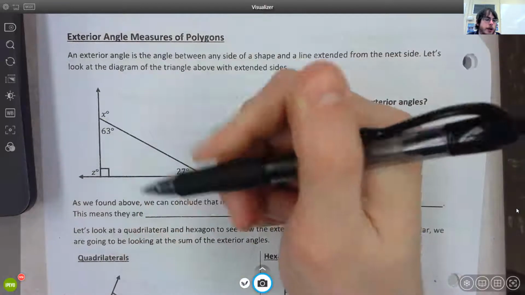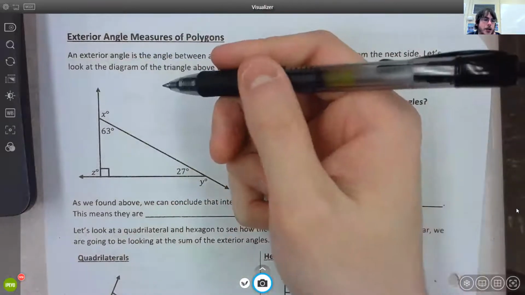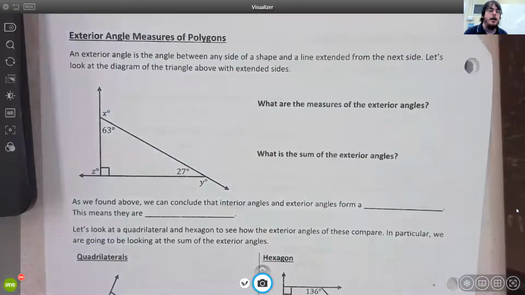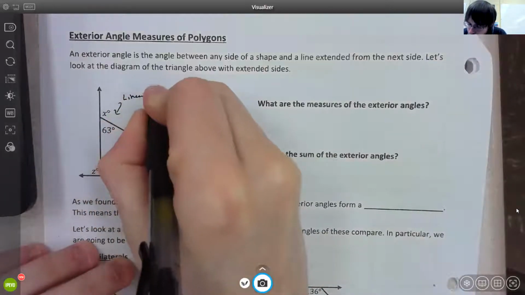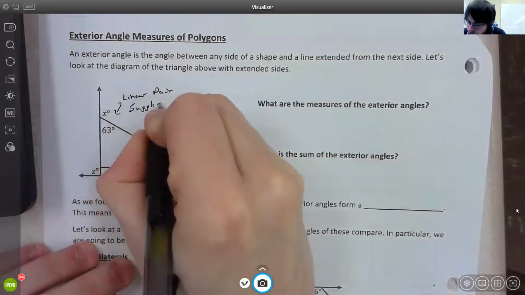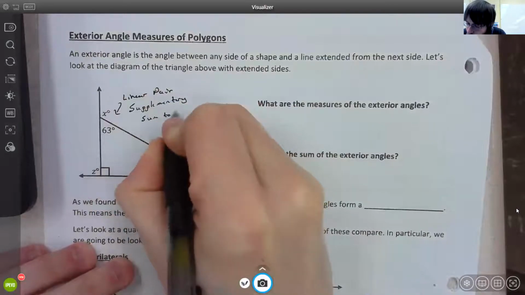And if you remember, a line has an angle measure of 180. So they have to combine to form a 180-degree angle. So these two are a linear pair. And of course, linear pairs are always supplementary, which means they sum to 180 degrees.